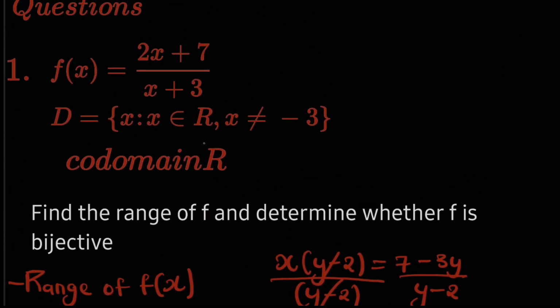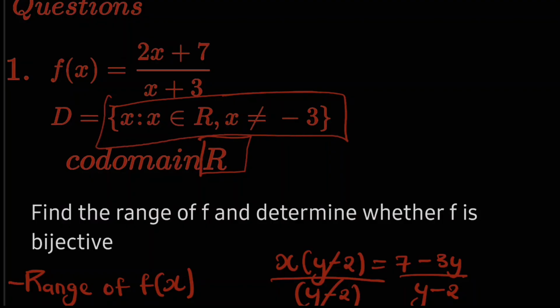Okay, in our question, our codomain was given as set of real numbers. Our codomain must not always be set of real numbers. Sometimes they can give us in this form, but sometimes they can just tell us that it is a set of real numbers.